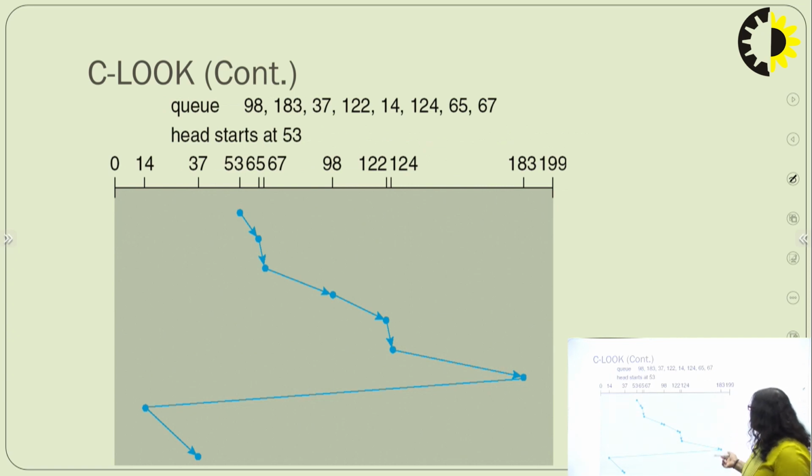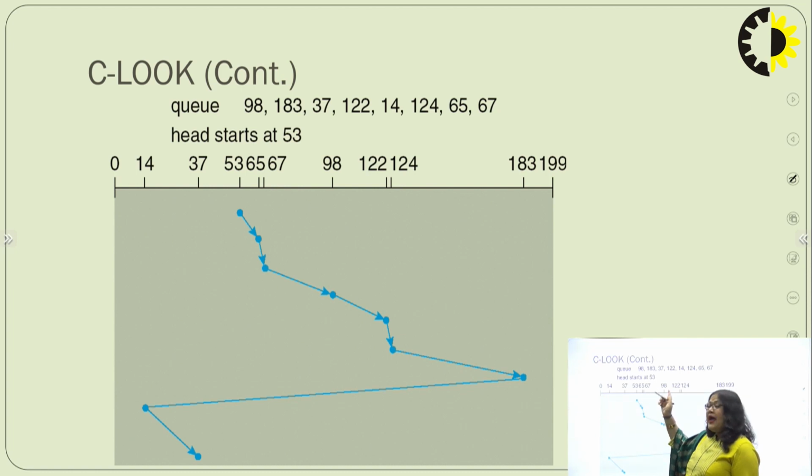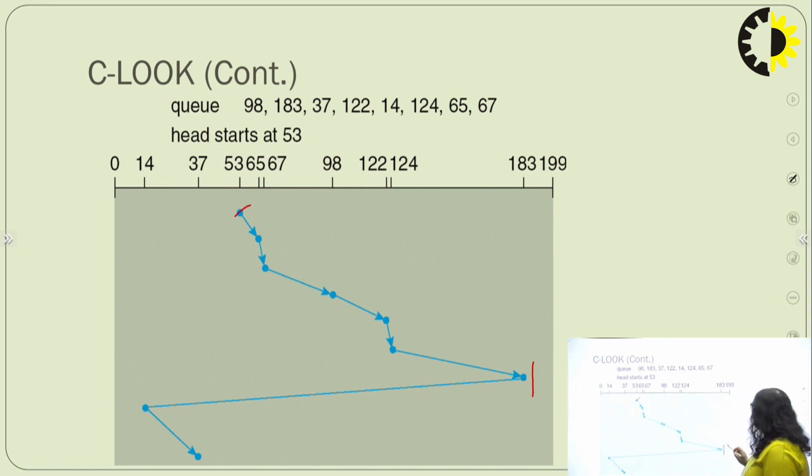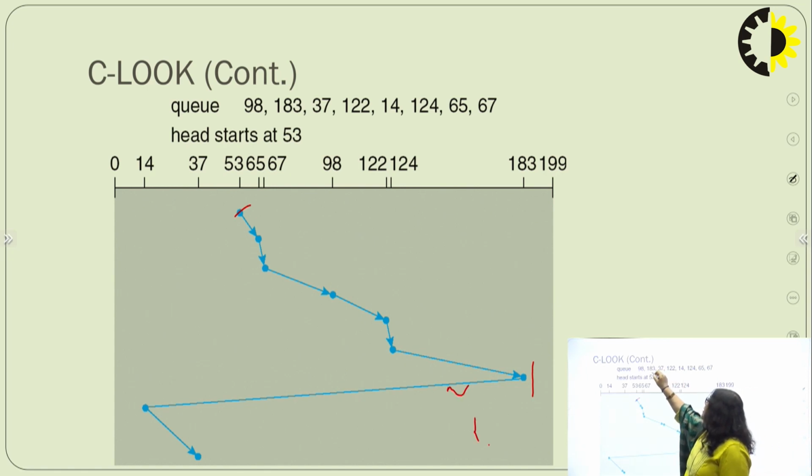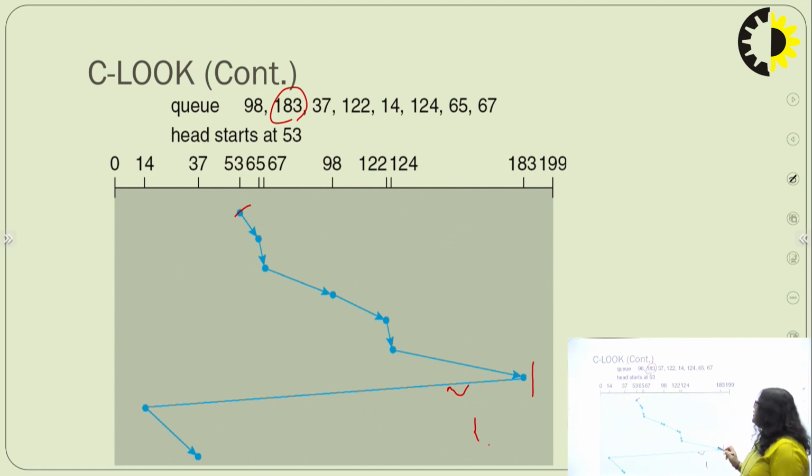It just goes to the maximum number, scanning from the starting head count number. The end number is 183, because 183 is the last number in this particular queue, and we want to search that last number in this particular sequence of the head count.